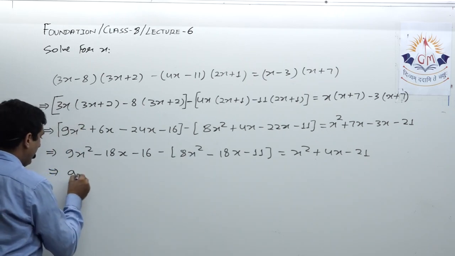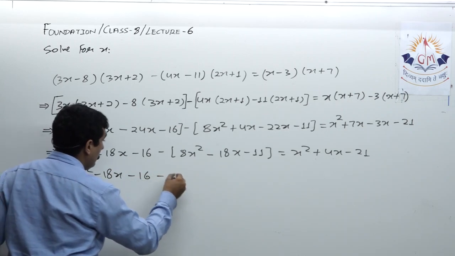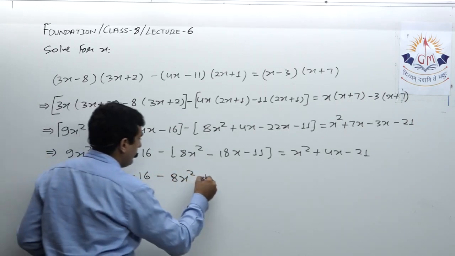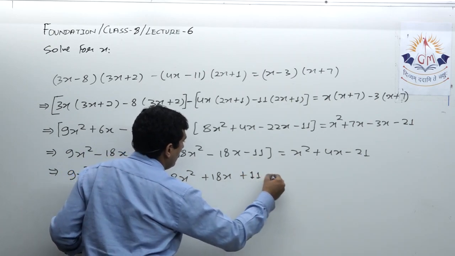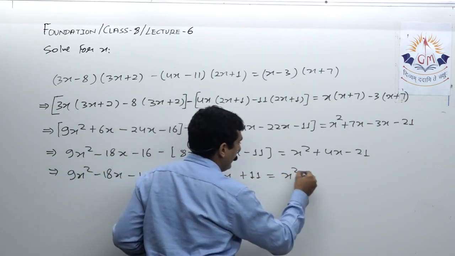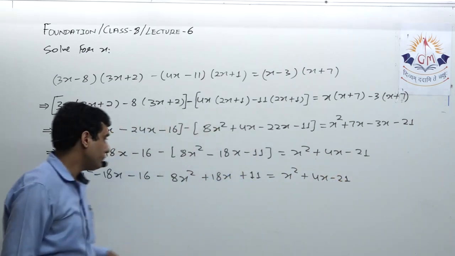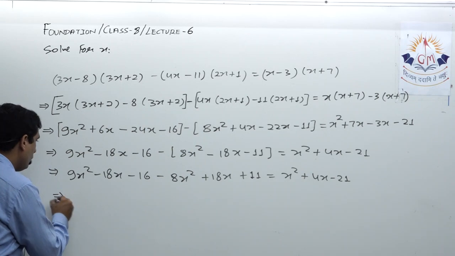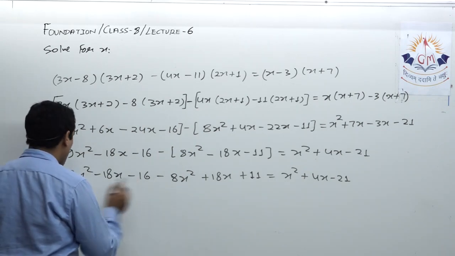So 9x square minus 18x minus 16 minus 8x square plus 18x plus 11 is equal to x square plus 4x minus 21. Now here I write the terms containing x square, x and constant all together.